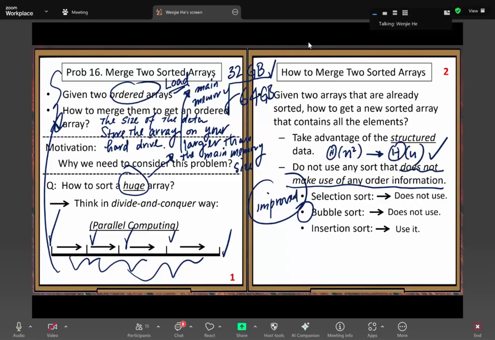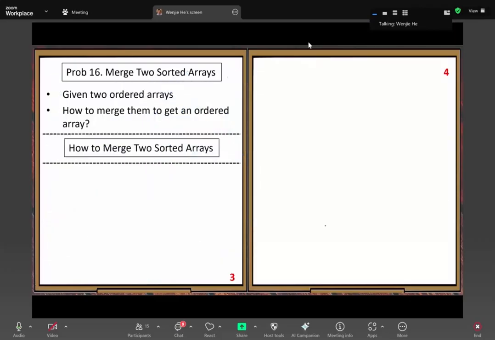Closely related. So we want to make a connection to the insertion sort to help us get a solution to this current problem. So that's the property of the insertion sort.